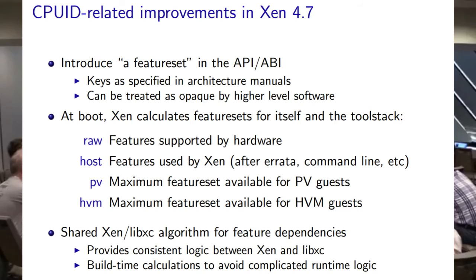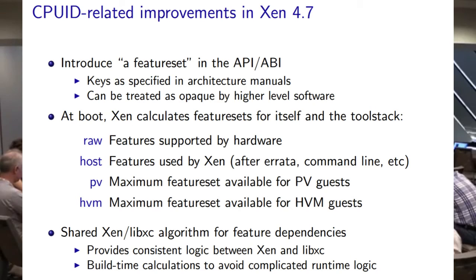The best we can do is at least check that it's the same. But yeah, there is no good solution for the features that don't have feature bits. No, it's in the future work section.